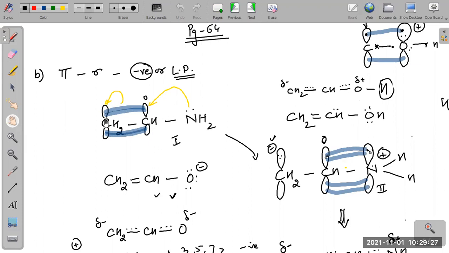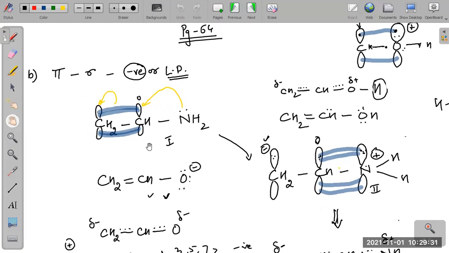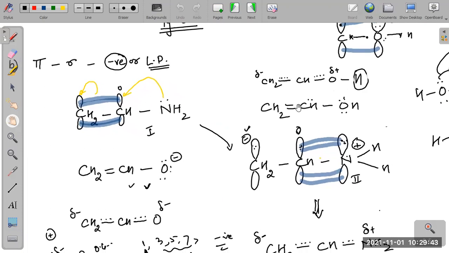How does it happen? I have taken a very simple case of CH2NH, CH2 double bond CH and NH, or CH2 double bond CH and OH. These two systems.